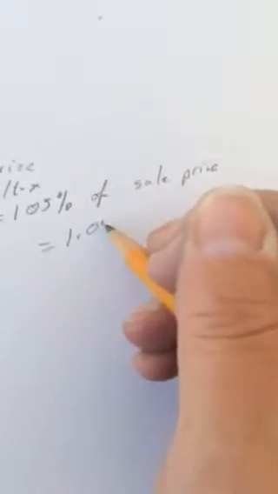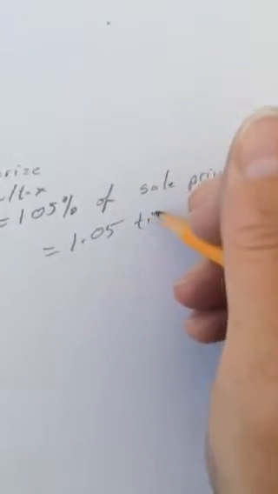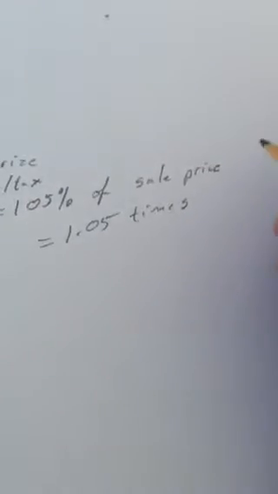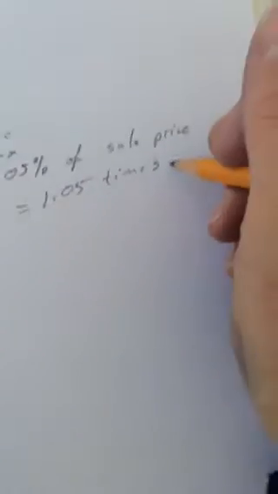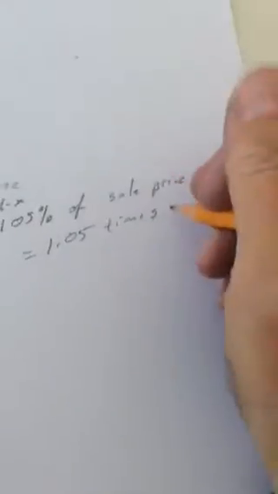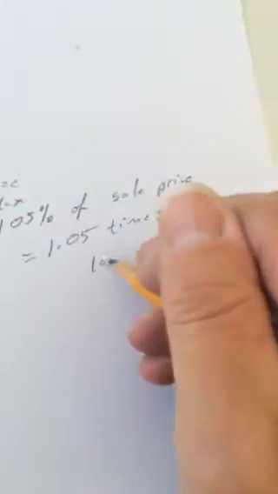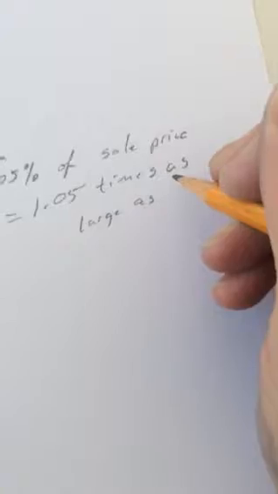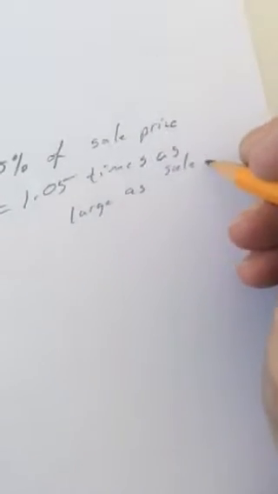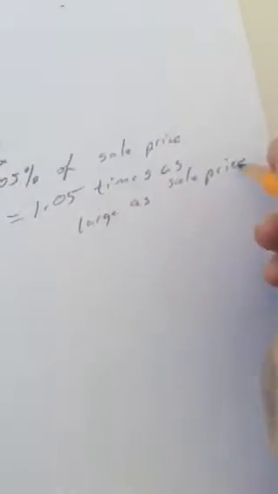Or I can say it is 1.05 times as large as the sale price. All right, now I'm going to back up a little bit so you can see all of that at once, hopefully, okay? So how's that?